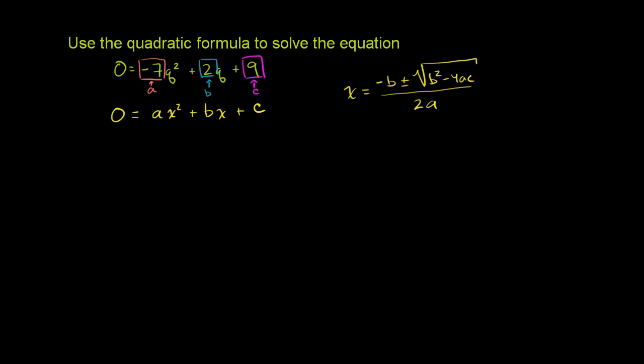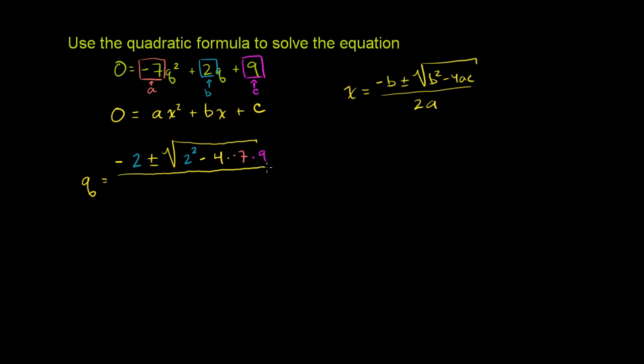The quadratic formula will tell us that the solutions, the q's that satisfy this equation, q will be equal to negative b, b is 2, plus or minus the square root of b squared, of 2 squared, minus 4 times a times negative 7 times c, which is 9, times 9, and all of that over 2a.